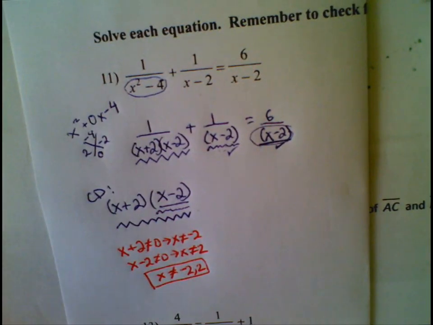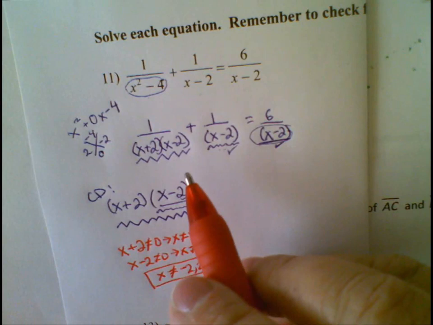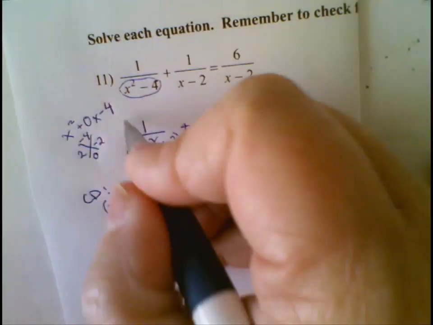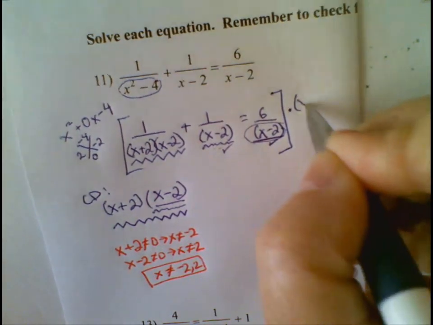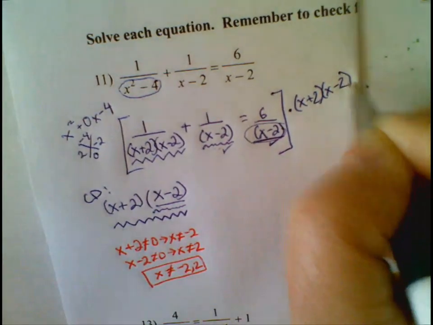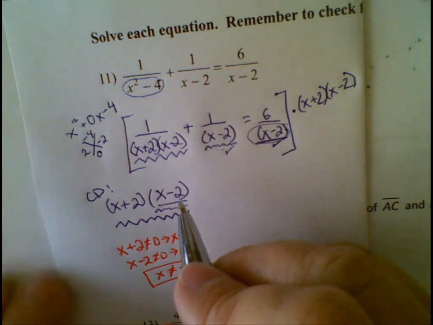But to actually solve it, I need to go back up here and multiply everything by that common denominator. Both factors. All right, so let's look at the first fraction.